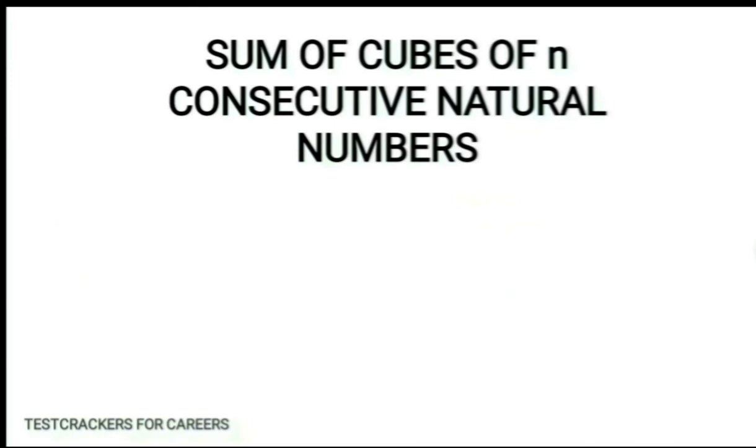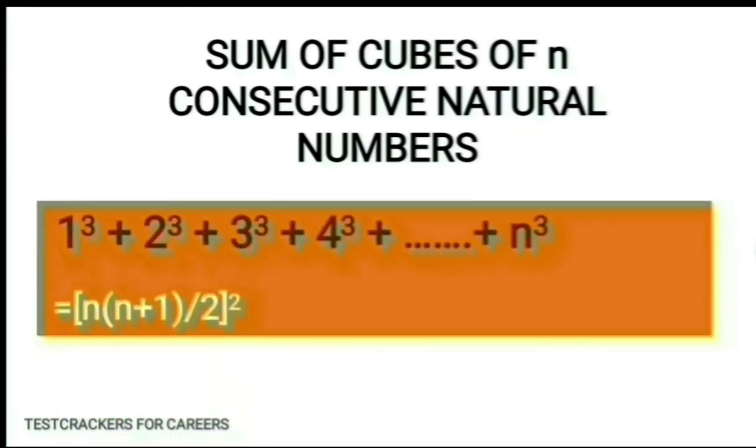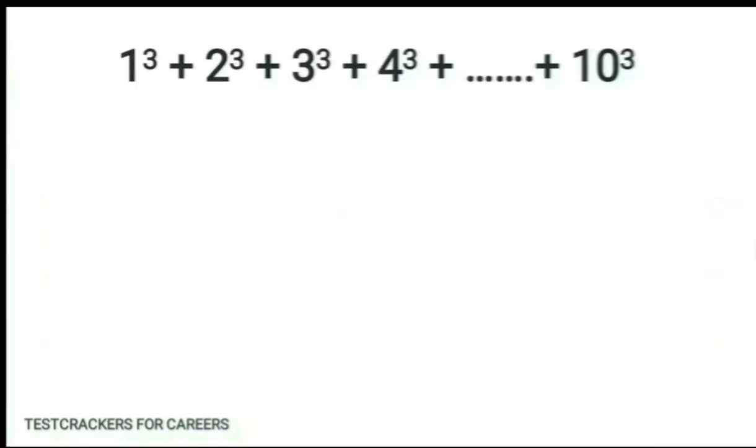Now let's see the formula for finding the sum of cubes of n consecutive natural numbers. The sum of the series is given by n into n plus 1 divided by 2 the whole square. Let's see an example. Let's find the sum of the series 1 cube plus 2 cube plus 3 cube plus 4 cube till 10 cube.